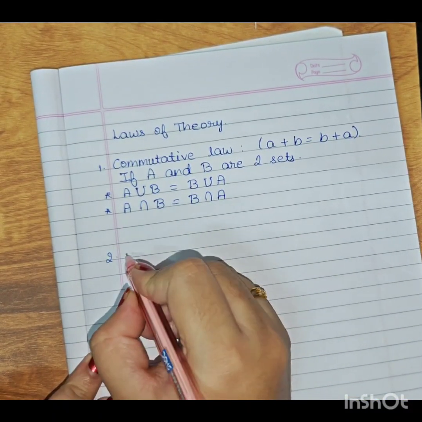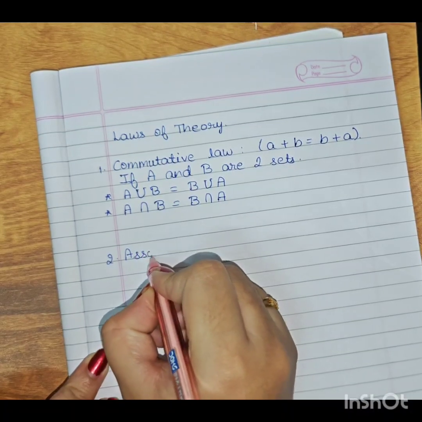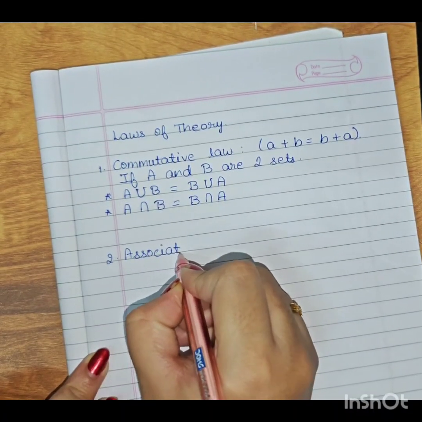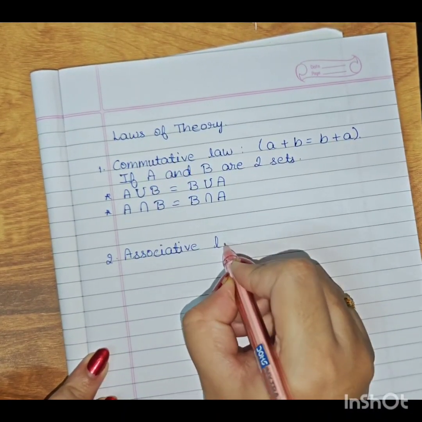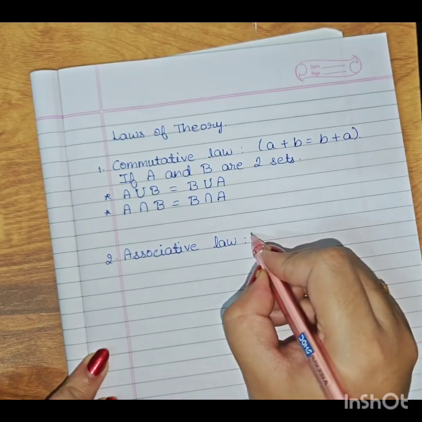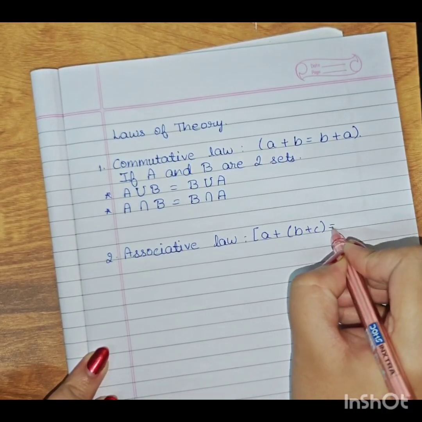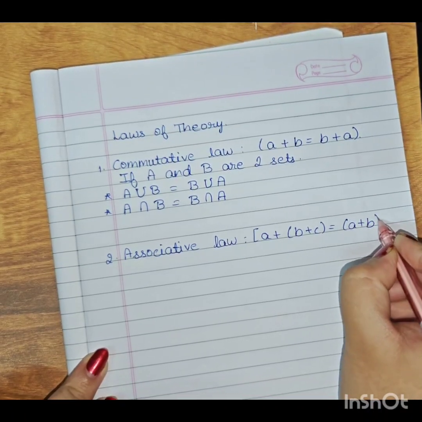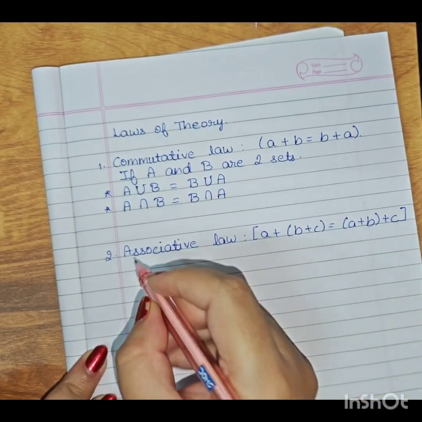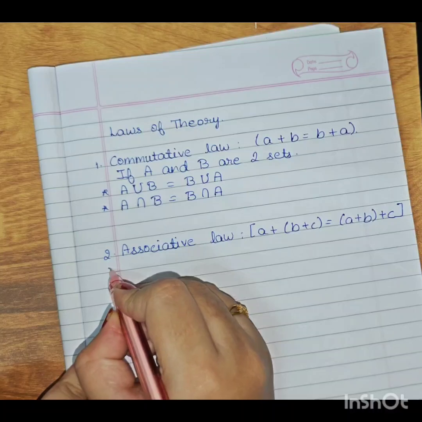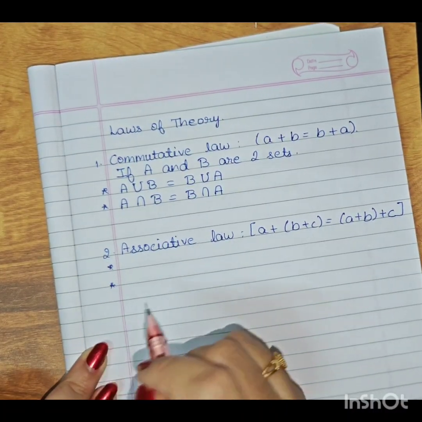And the second one is associative law. What is associative law? Even this you have seen in general mathematics. A plus B plus C equals A plus B plus C, with the brackets grouped differently. In the same way, we have two formulas for associative law in set theory.